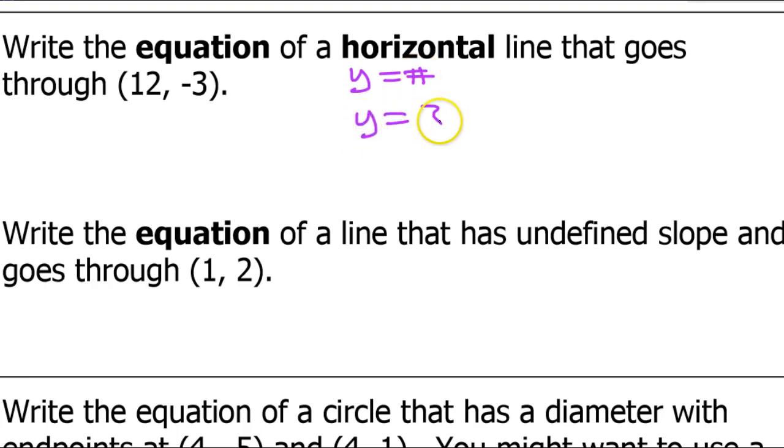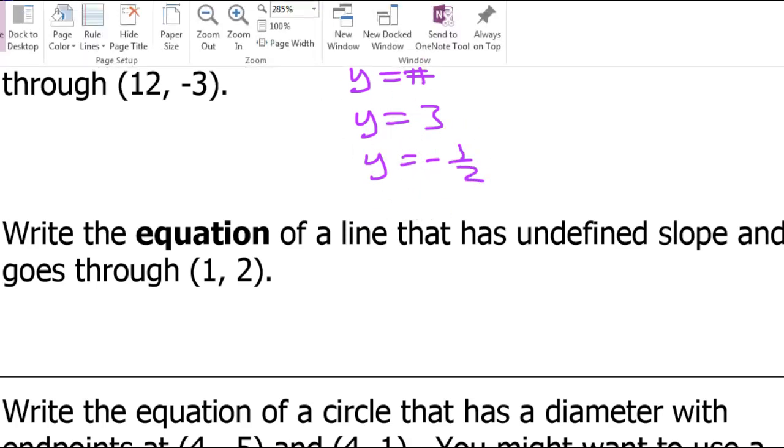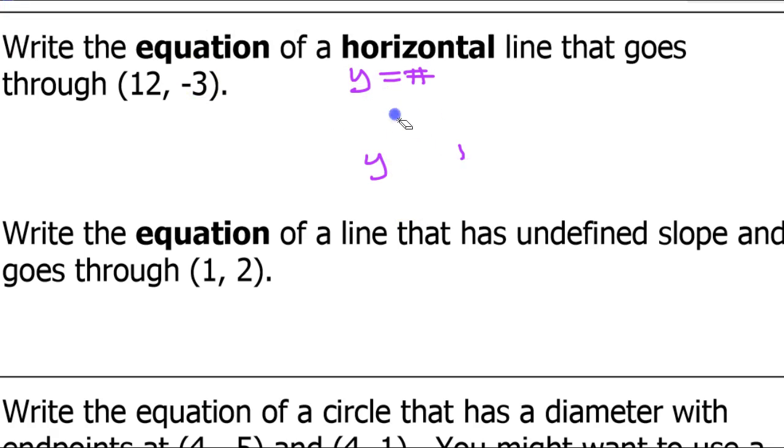So, for example, it could be y equals 3. That would be a horizontal line. Or y equals negative 1/2. All right, these would be the equations of horizontal lines. But I always know it's going to be y equals a number. So just go ahead and memorize that fact. So with that in mind, look at the only 2 values that we have.